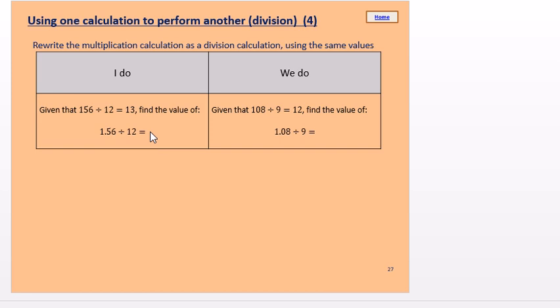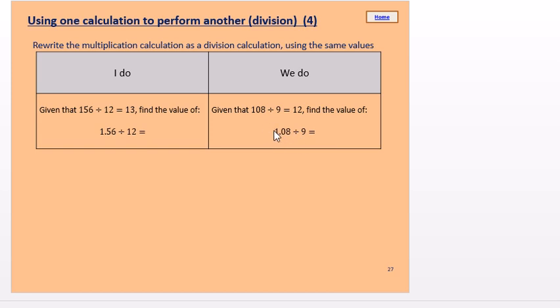See if you can do the we do yourselves. Okay, so the we do says, given that 108 divided by 9 equals 12, find the value of 1.08 divided by 9. Again, the 9 is the same, we are dividing by the same number.